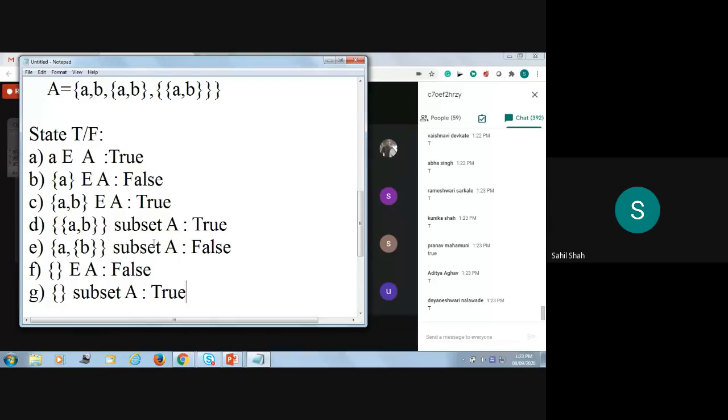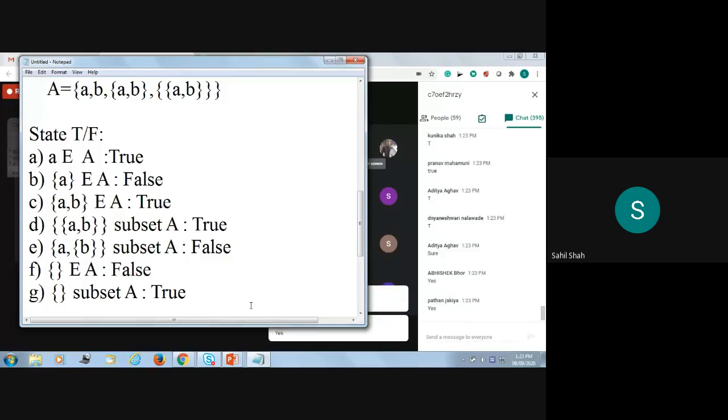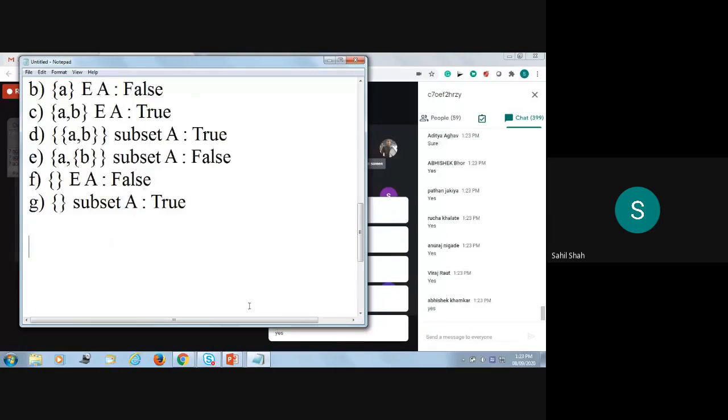This is clear. Shall we try for a new example? Sure. Aditya is saying sure. How about others? I'm observing 59 are there. Good. Shall we try one more? Yes. If it is comfortable from your side, I am there to conduct a 2 hours lecture. No problem.